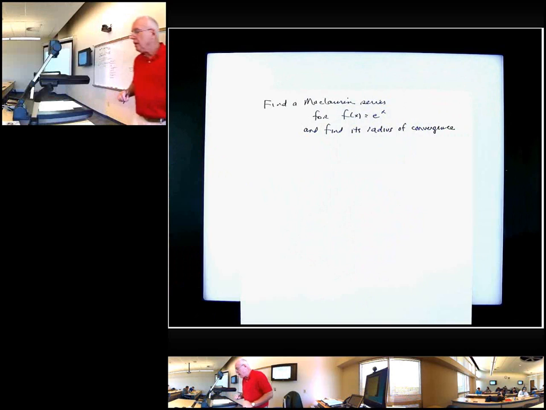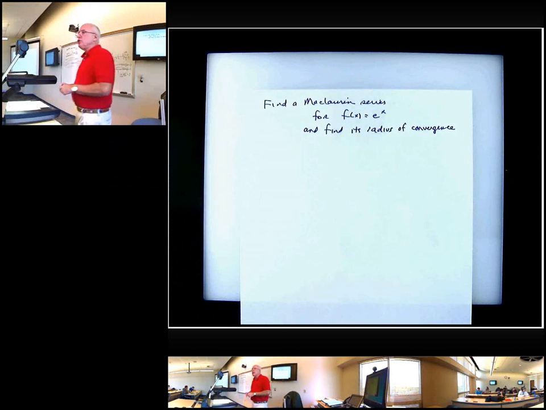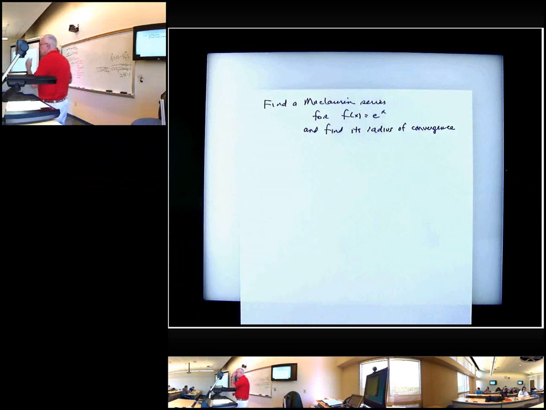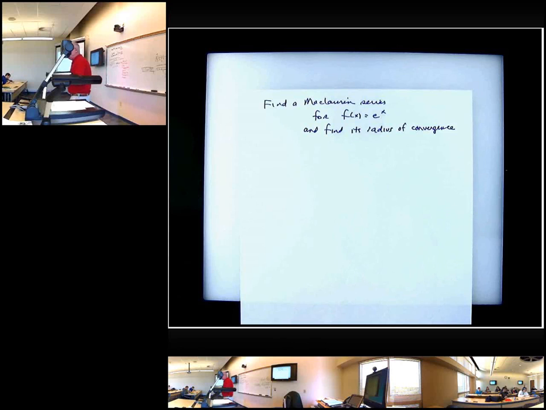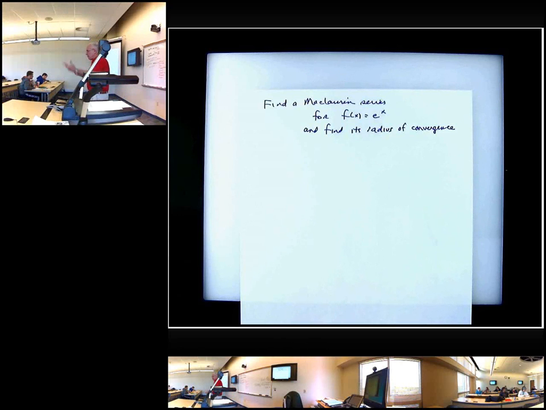Okay, so we picked a nice function, e to the x. Why is e to the x so nice? Right, its first derivative is e to the x, its second derivative is e to the x, etc. So that's a nice thing about e to the x.